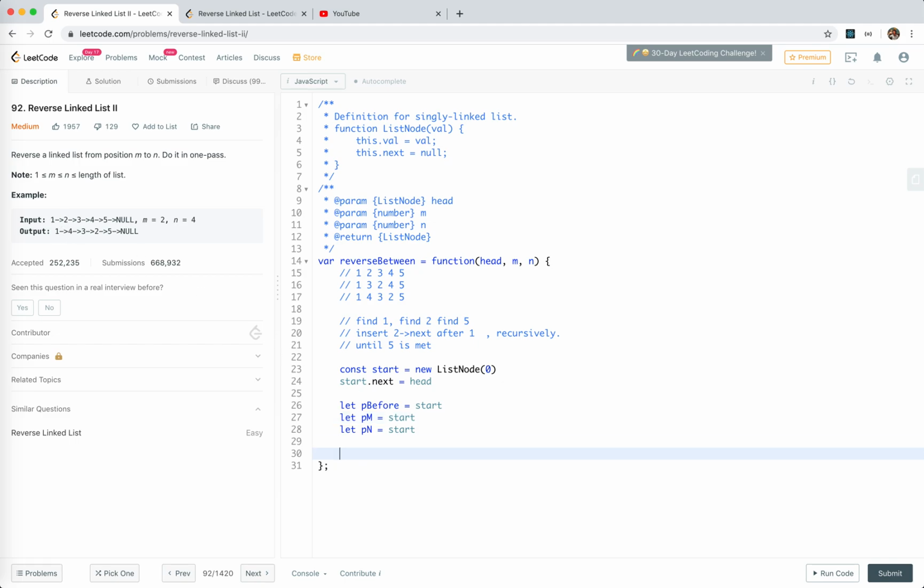So this is m minus n. Because they are 1-based, if m equals 1, then it's from here. For 1, it just moves to 1, so it's bigger than 0, m minus 1.